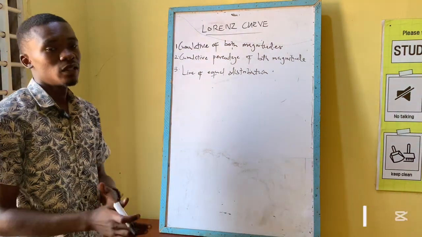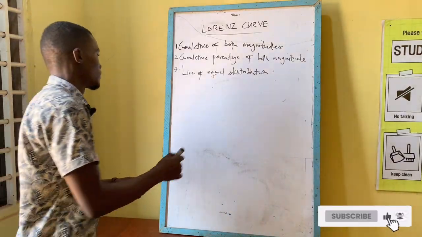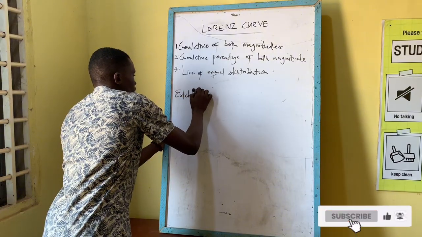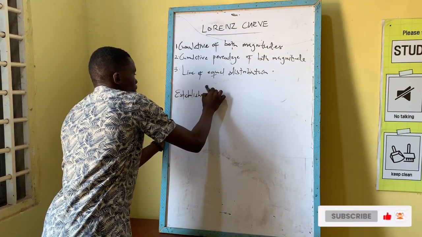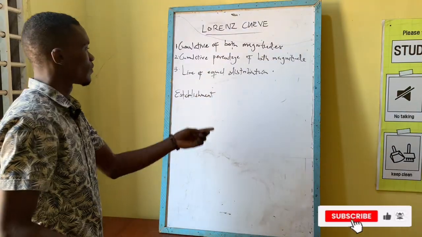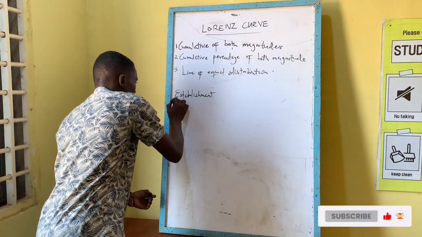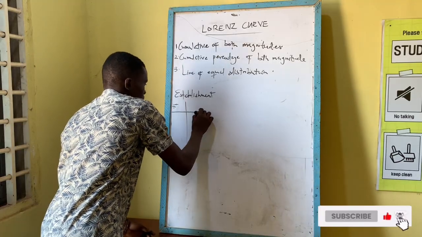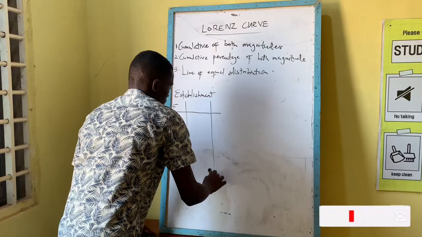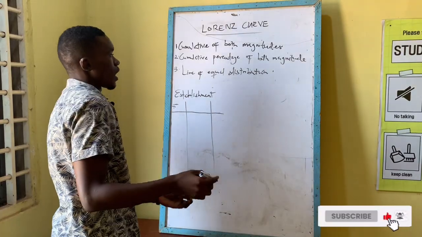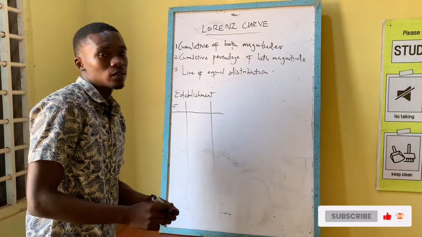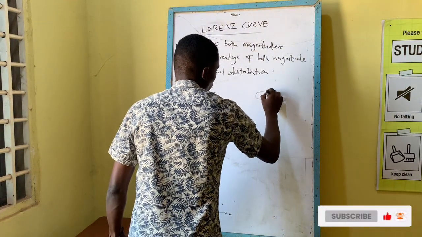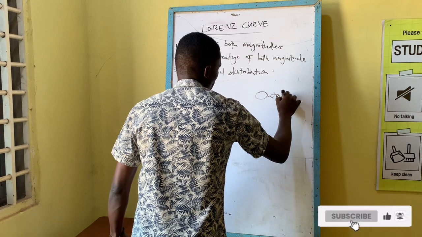Let's say you are being given an establishment, and we are also given their frequencies and their output in a year, or what they were able to produce in a year. So this is their establishment, and this is their output.